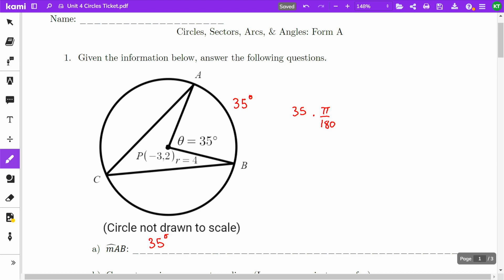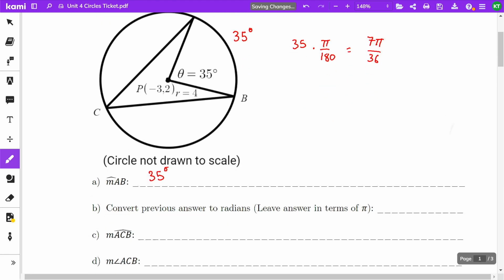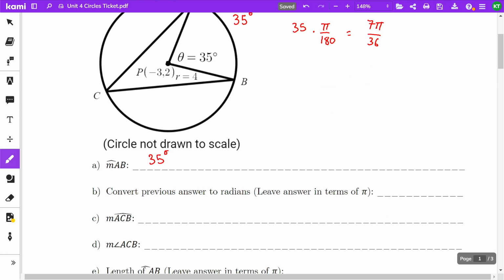So 180 divided by 5 is going to give us 36, so that's going to be equal to over 36. And then 35 divided by 5 is 7. So 7 pi over 36. That's just simplifying that down. So my previous answer in radians would be 7 pi over 36.